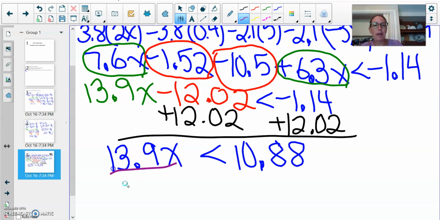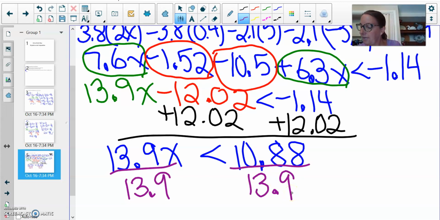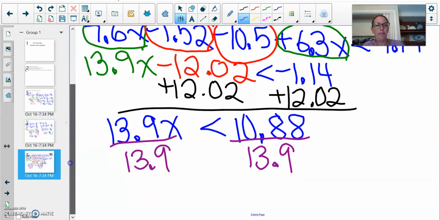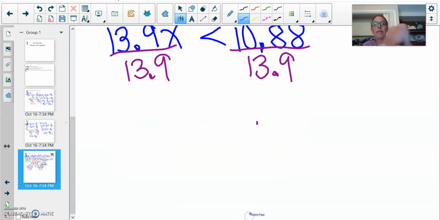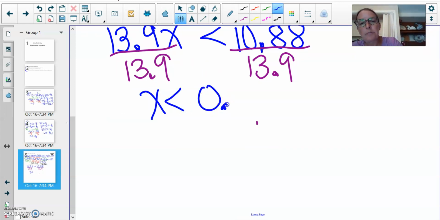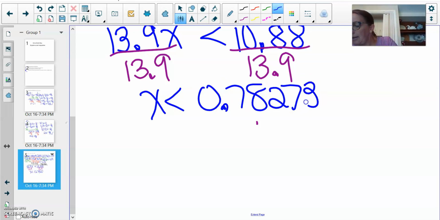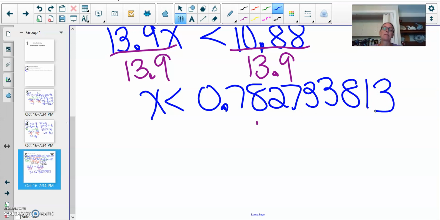My next inverse, I'm dividing by 13 9/10. Okay, and I have to write the entire thing down. x is less than 0.782733813.